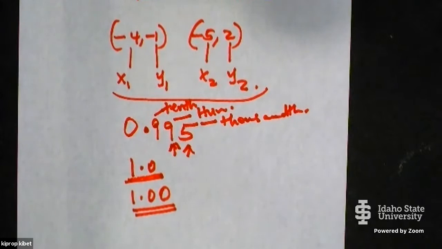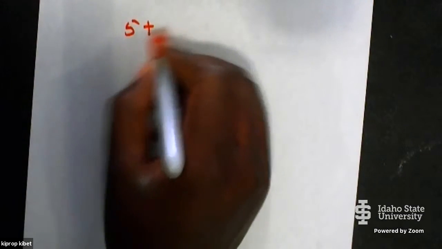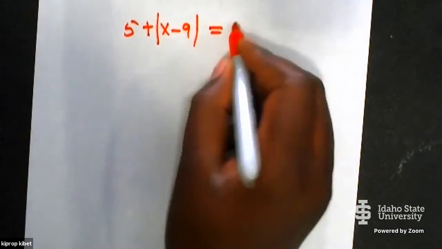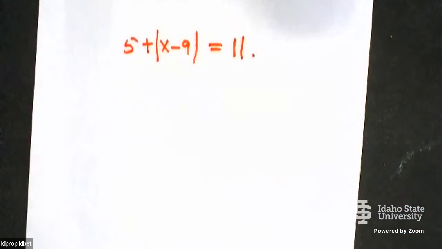All right, so question number 9. Question number 9 says, solve the equation 5 plus the absolute value of x minus 9 equals 11.